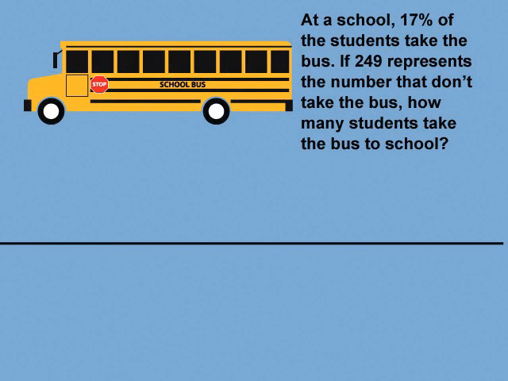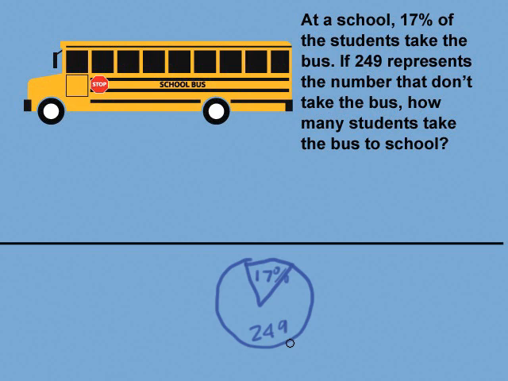So if we draw a circle and section off 17%, that's the fraction that took the bus. But we're given 249, which represents the other part of the circle. Those who didn't take the bus.